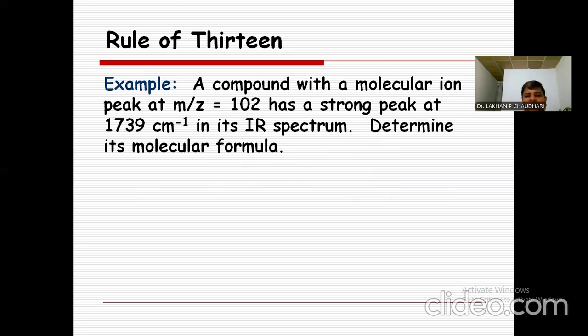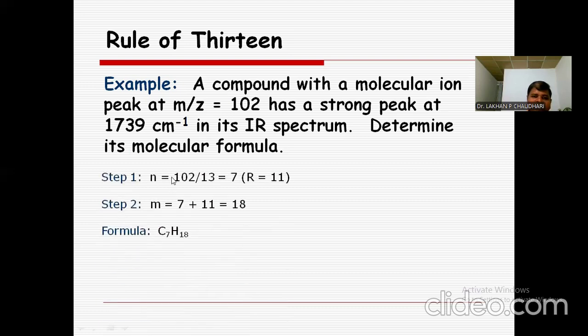Here a compound with a molecular ion peak at m/z value 102 shows a strong peak at 1739 cm⁻¹ in the infrared spectrum, and we have to determine its molecular formula. Again we use the rule of 13.